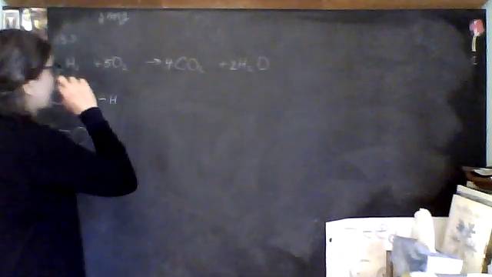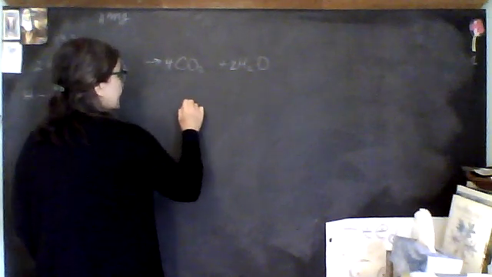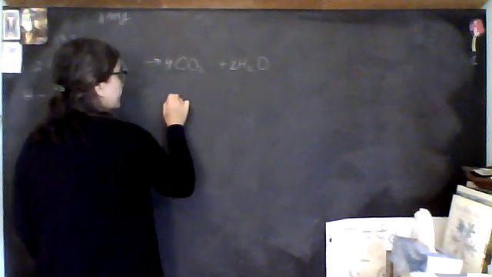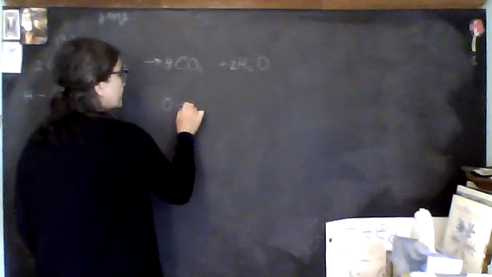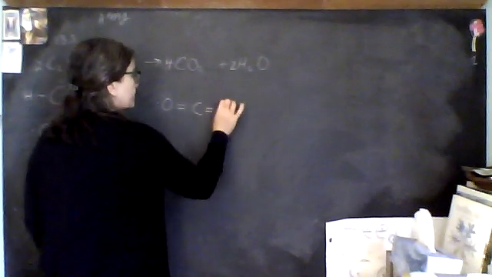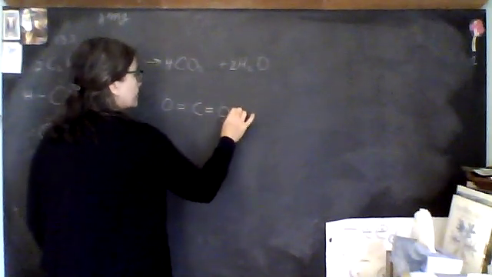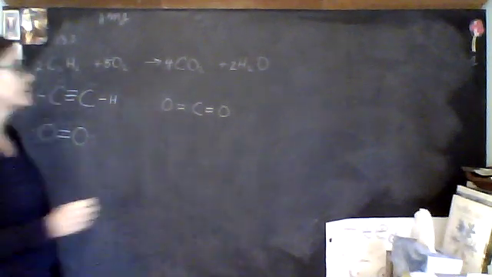How about the carbon dioxide? Carbon, you said, has 4. Oxygen has 6. We're going to end up with something like that, right? What about the water?